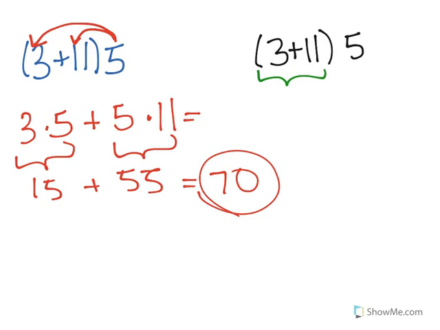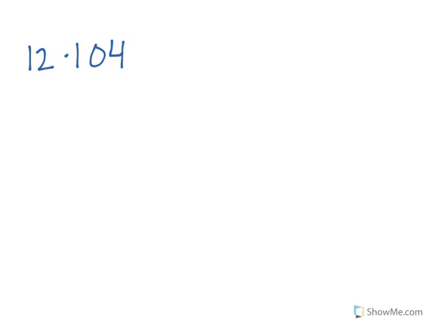So if we add 3 and 11, we get 14, and if you multiply that times 5, you find out that it is equal to 70. So you get the right answer. Very well, congratulations.